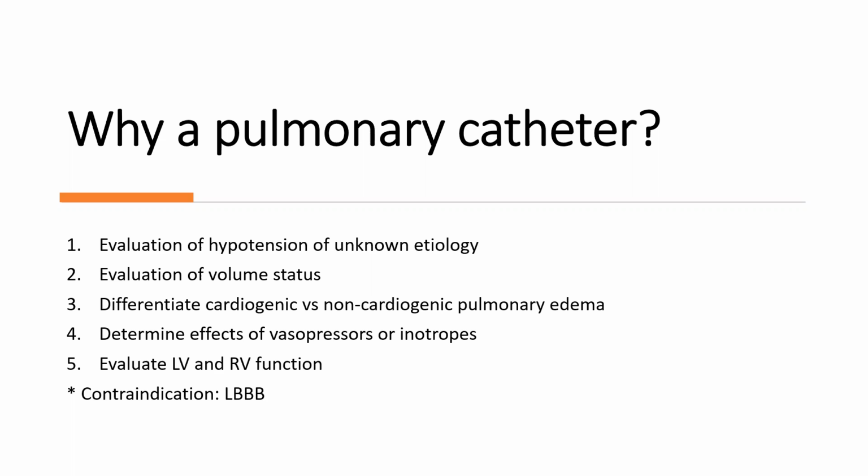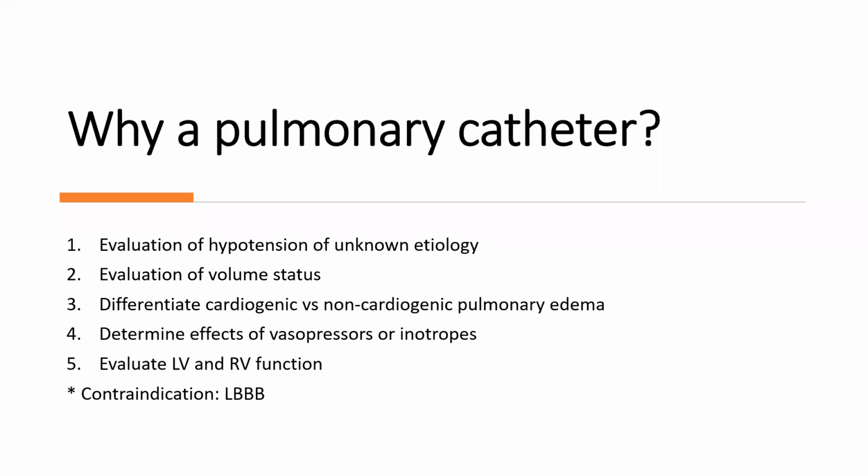So pulmonary artery catheters are used to determine hemodynamic stability or status in critically ill patients. In addition to that, pulmonary artery catheters provide information about right-sided as well as left-sided intracardiac pressures and cardiac output. Now, when we measure CVP, we're merely measuring right atrial pressures. But when we utilize pulmonary artery monitoring, we are able, therefore, to measure left atrial as well as left ventricular pressures.